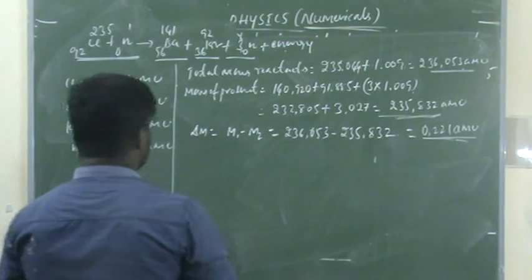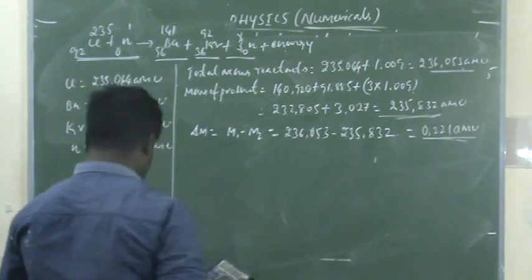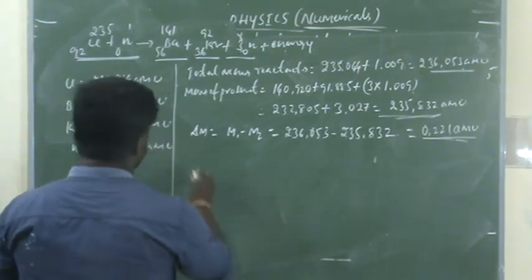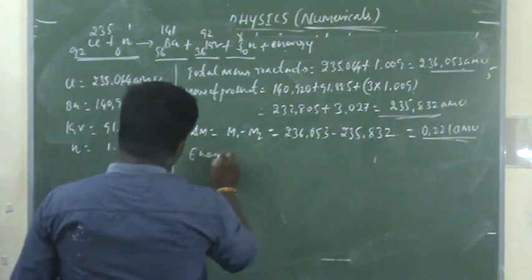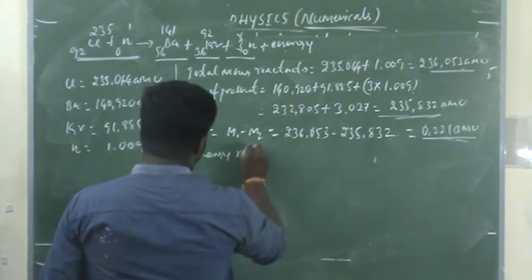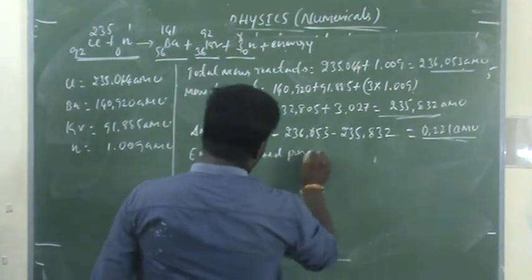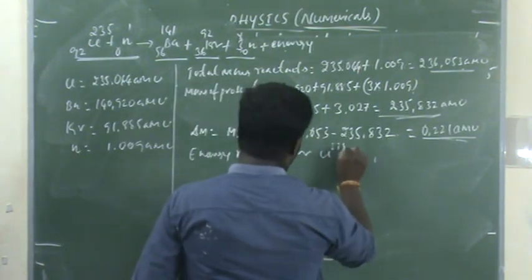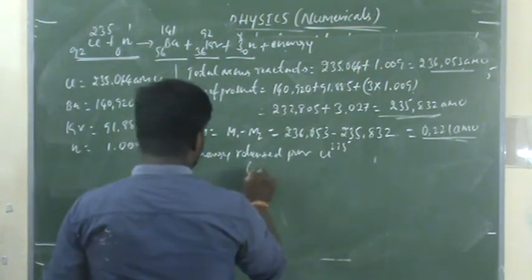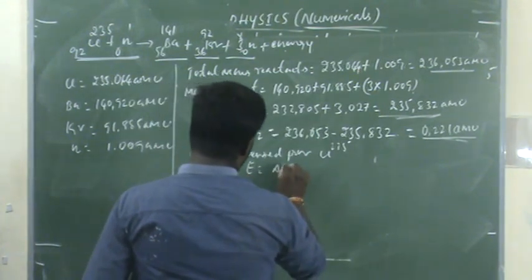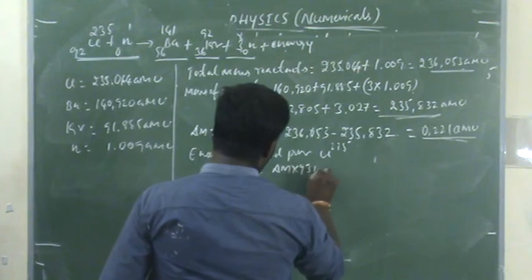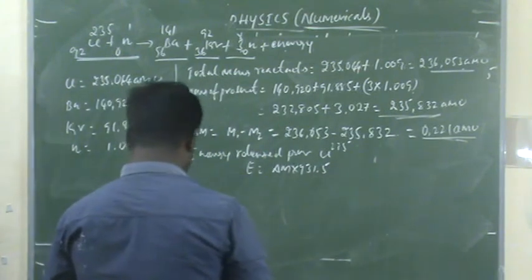Next, energy released per uranium 235: E equals mass defect into 931.5.